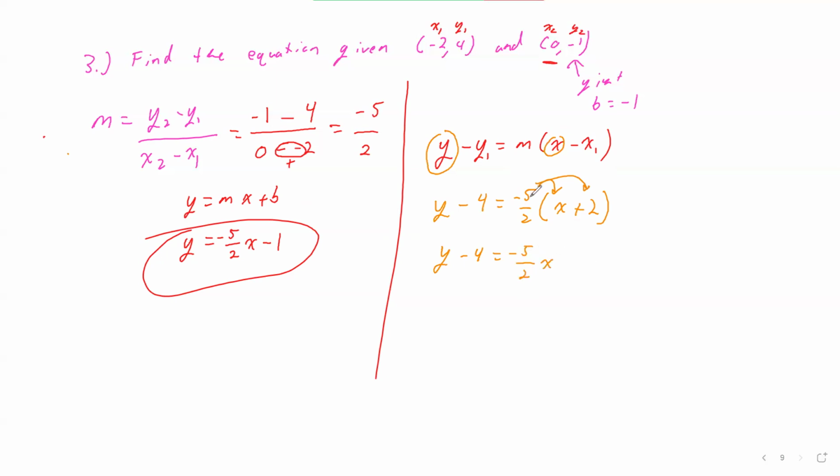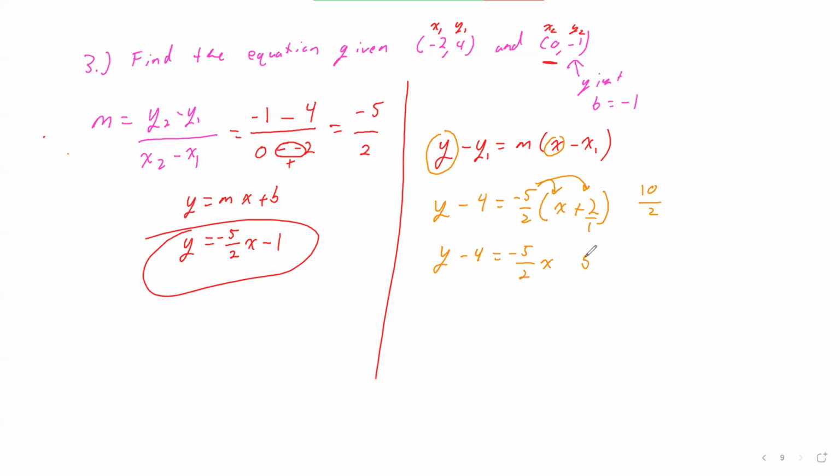And then what would negative 5 halves times 2 be? 10 over 2, which simplifies down to 5.